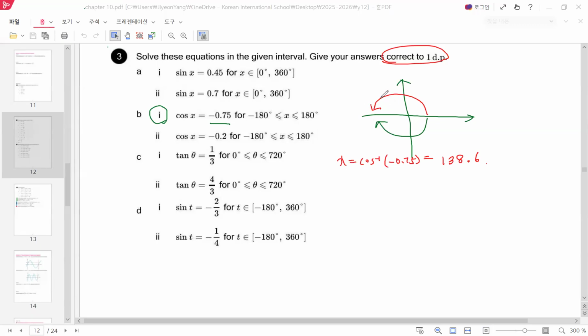Okay. And then, since cosine value is negative, it means that, CAST, you need to find the angle in the second quadrant and in the third quadrant. But the second quadrant angle is a positive one.